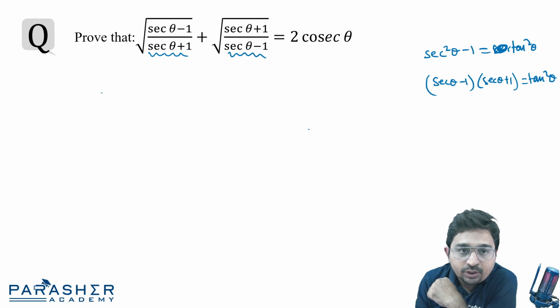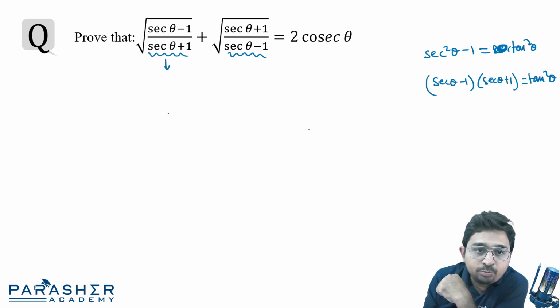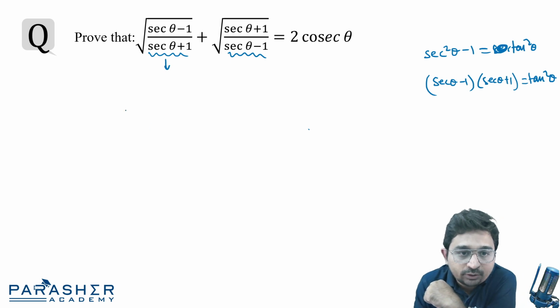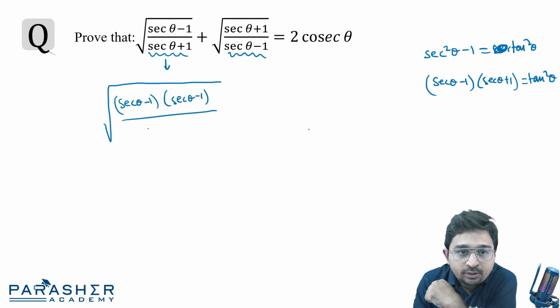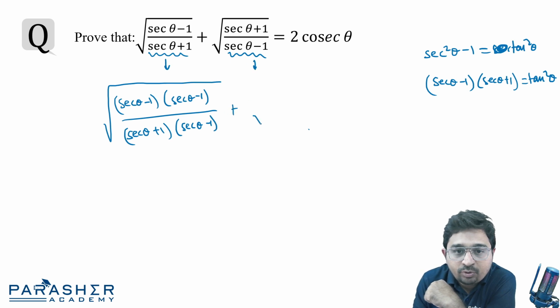What I'll do here is, in the first one, I'm going to multiply numerator and denominator by secant theta minus 1. Similarly, the second one, I'm going to multiply by secant theta plus 1 here.